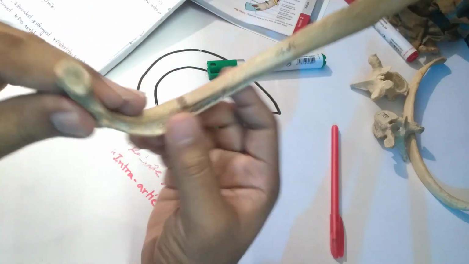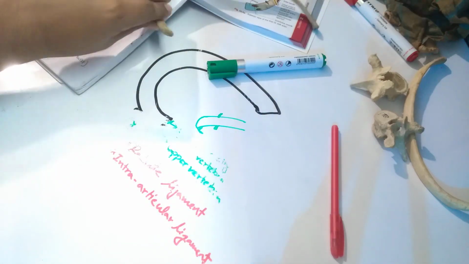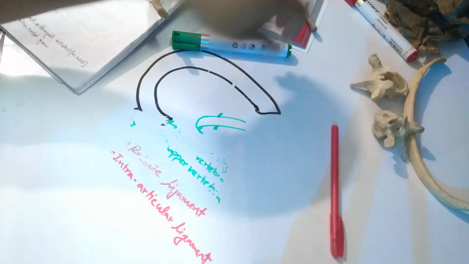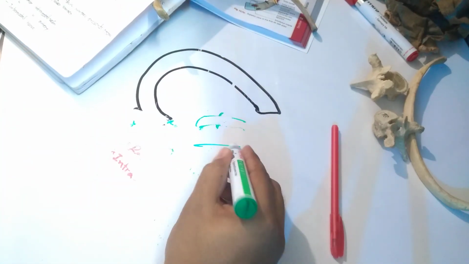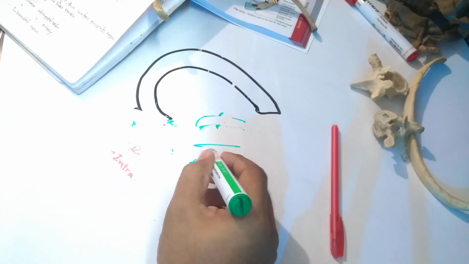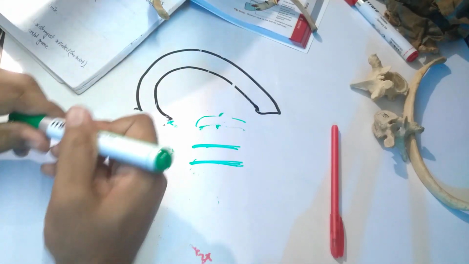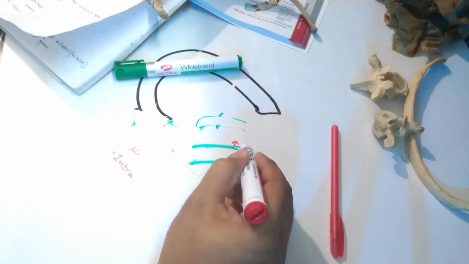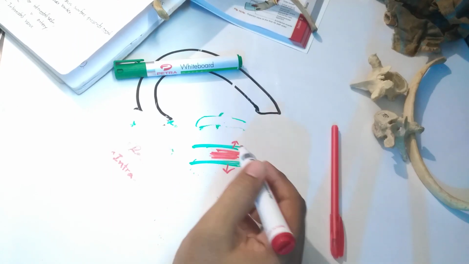This is the costal groove, and the costal groove has a floor, like this. Here is the inner lip, outer lip, and this is the floor of the costal groove.